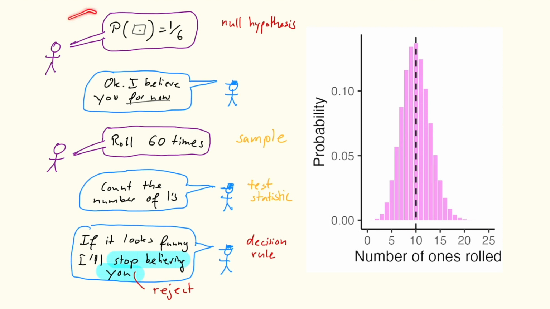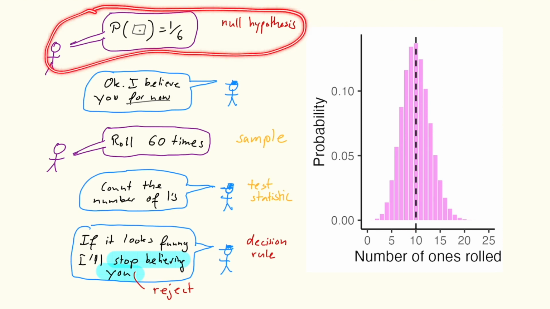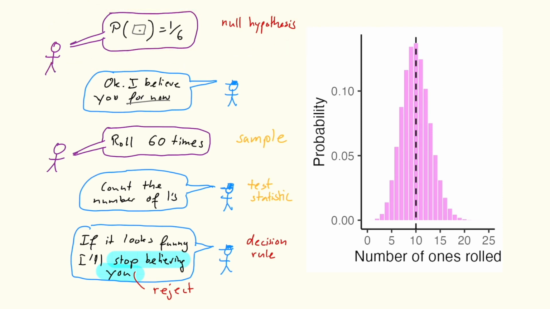Suppose that our friend is honest and they are indeed using a fair die. If we reject if they roll 9 ones, then we accuse them of cheating with fairly large probability, and we would, in that case, probably lose the friendship. We don't want to lose an honest friend with high probability. So this is probably not a good decision rule.